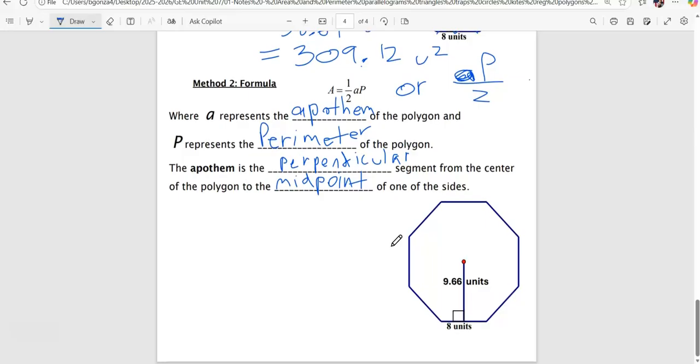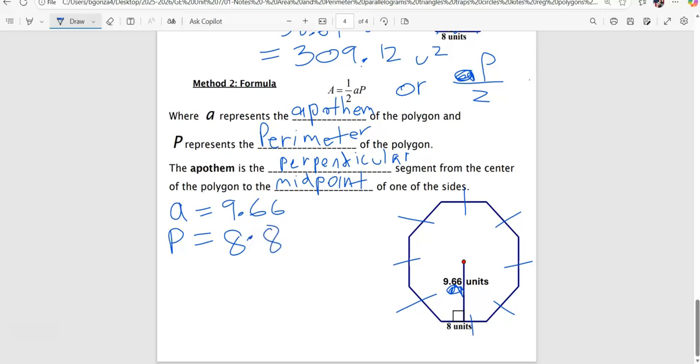So let's do this. The apothem, the little a, is right here, 9.66. The perimeter is not just 8, though. 8, and how many times to get the perimeter? 8 sides. 8 times 8, which is 64.